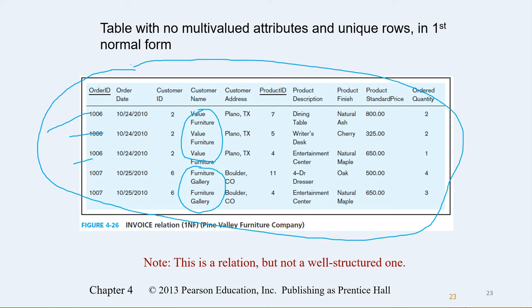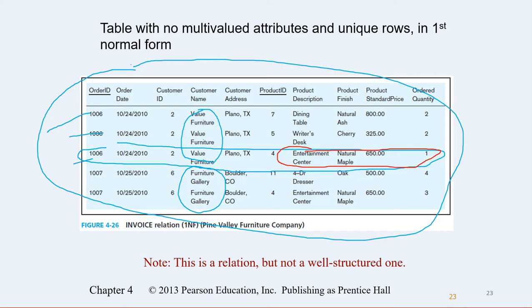Deletion anomaly. If we delete this record, we will lose all the information we have about entertainment center, because entertainment center exists only here.